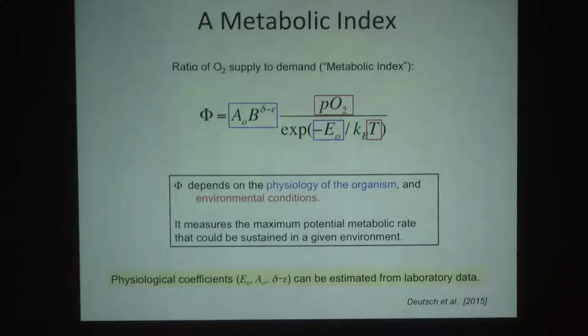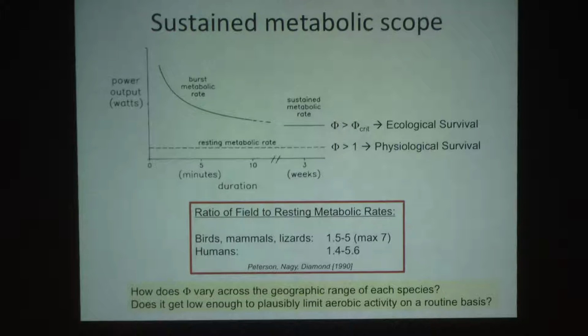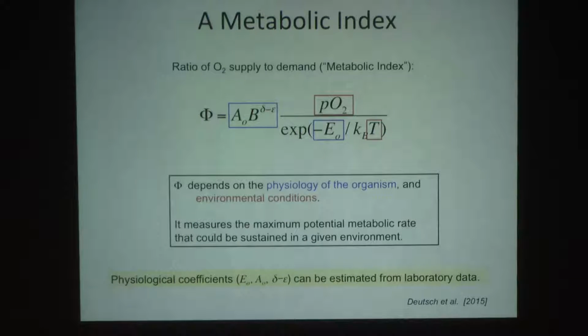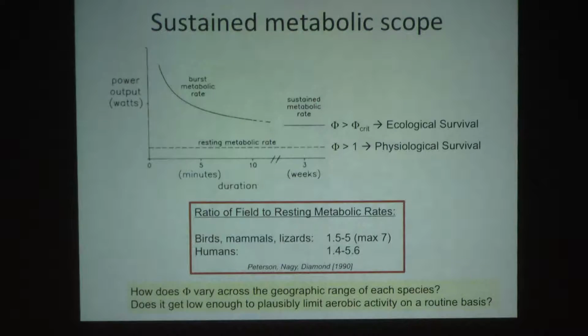That's how it's constructed. But it also has another meaning, and that is that it's the ratio of the amount of metabolic energy conversion that could be sustained relative to what one would need at rest. I should have said before that we're going to use resting metabolism to estimate these resting metabolic rates.